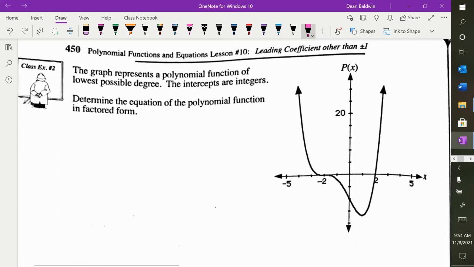All right, next page. So this one, they give you the graph. They say, find the equation. That's all they say. So you have to pull all the information from the graph. So the first thing we need to pull is the X-Intercepts. What are the X-Intercepts? Okay, so -2. What's happening at -2?